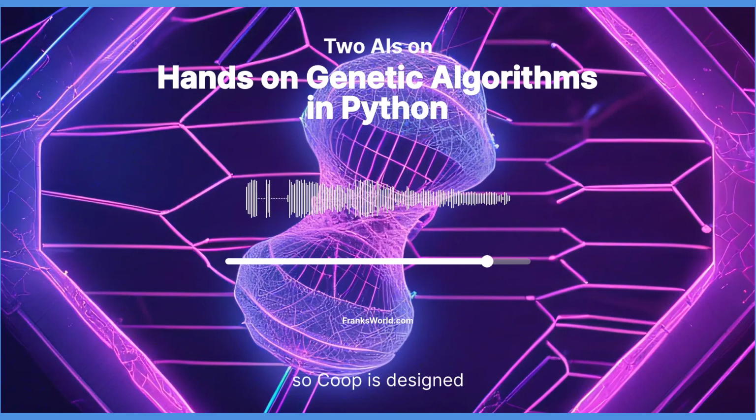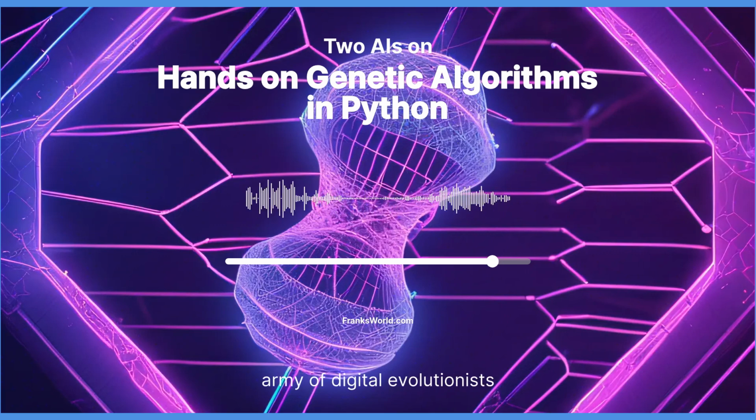SCOOP is designed to work hand in hand with DEAP. It allows you to distribute the workload of your genetic algorithm across a cluster of machines. It takes care of all the complexities of communication and synchronization between those machines, so you can really focus on designing your algorithm.